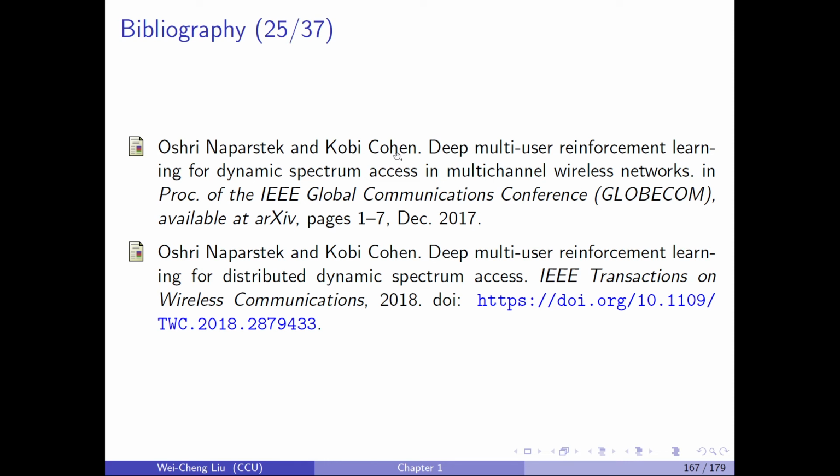Naparstek and Cohen, and the paper title is Deep Multi-User Reinforcement Learning for Dynamic Spectrum Access in Multichannel Wireless Networks, in the Proceedings of the IEEE Global Communications Conference, GLOBECOM, okay, available at arXiv in 2017.